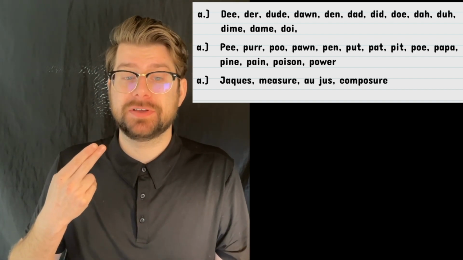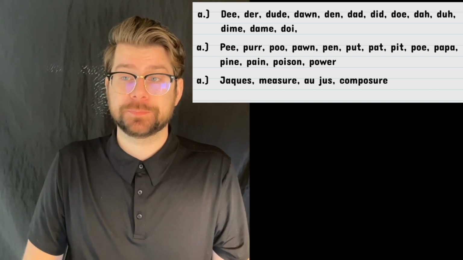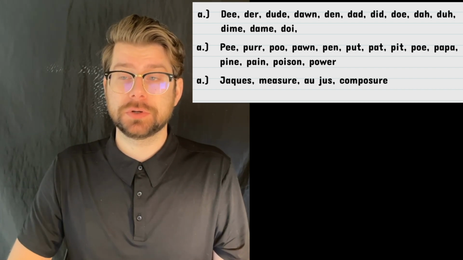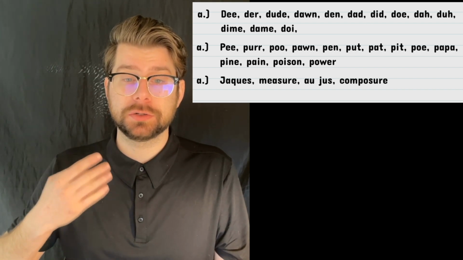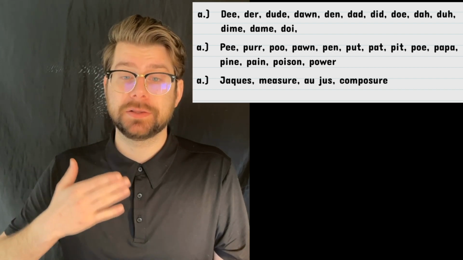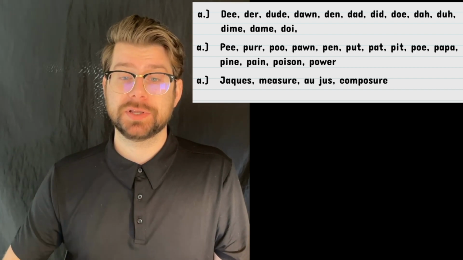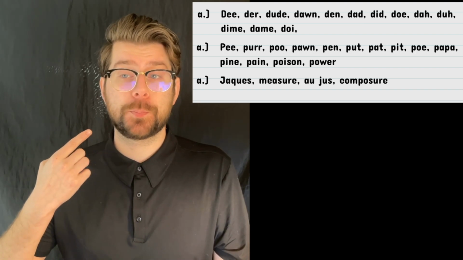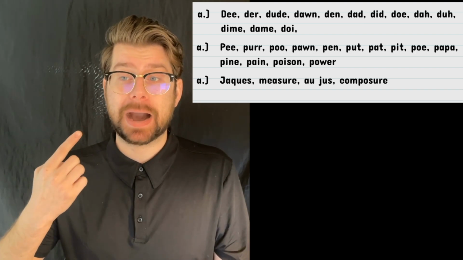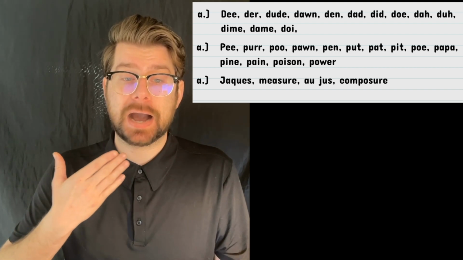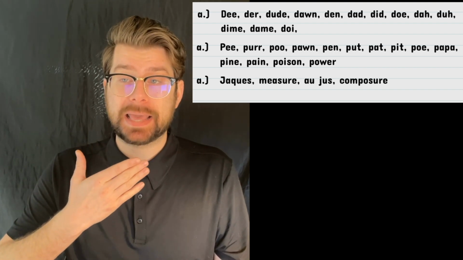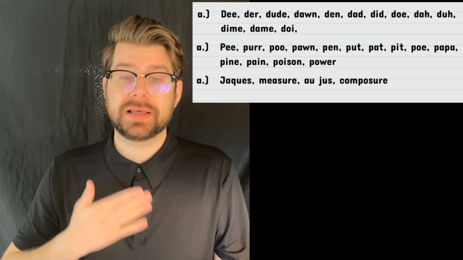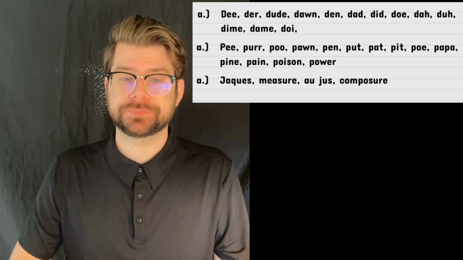Then we have P, per, poo, pawn, pen, put, pat, pit, po, papa, pine, pain, poison, and power.